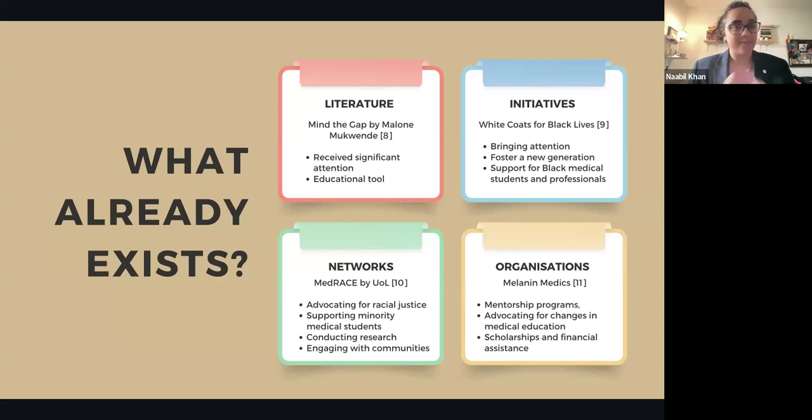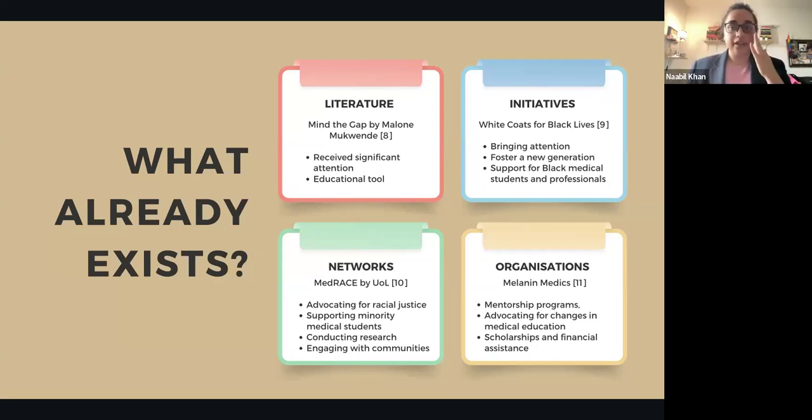And reading that book, I very much felt inspired to carry out my own organization, which is Skin for All. So again, you have that ripple effect, that domino effect when you've got literature out there that's carried out by students, inspiring future students to carry out their own forms of advocacy and change.